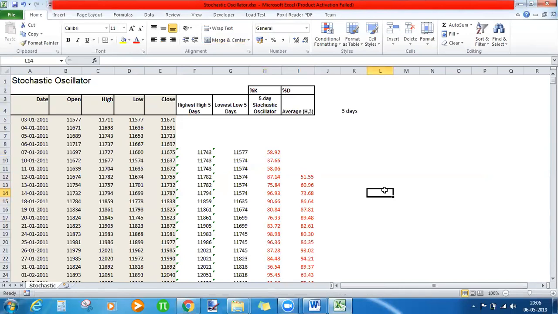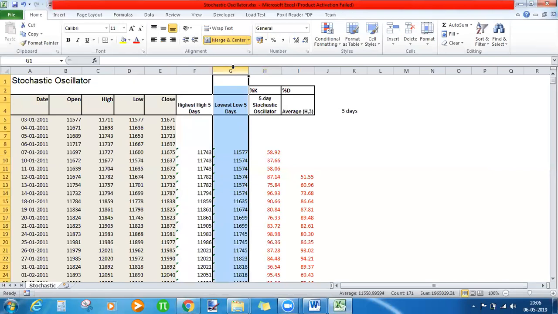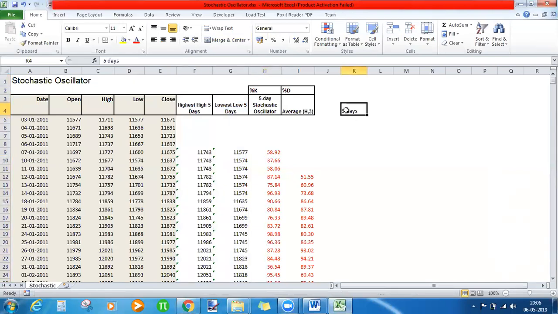So let's just revisit again. You want the highest high and the lowest low, and the number of days to look back is 5 days here. From this high column, you find the highest high of the past 5 days, and from this low column you find the lowest low of the past 5 days.